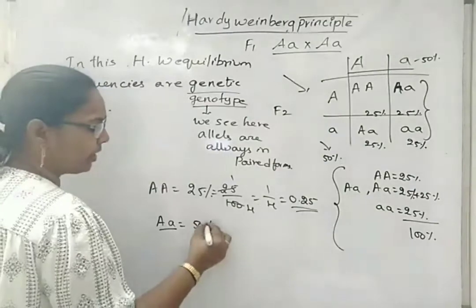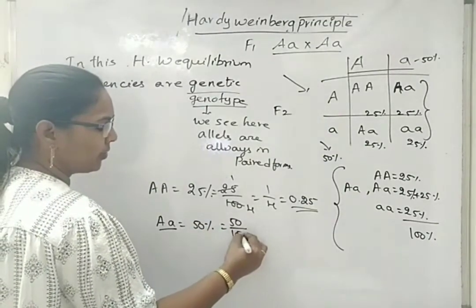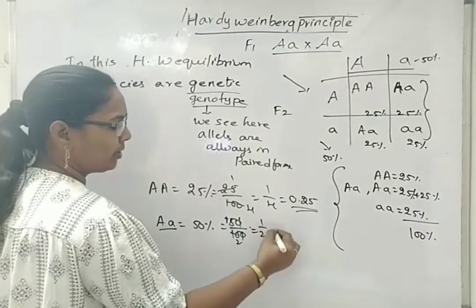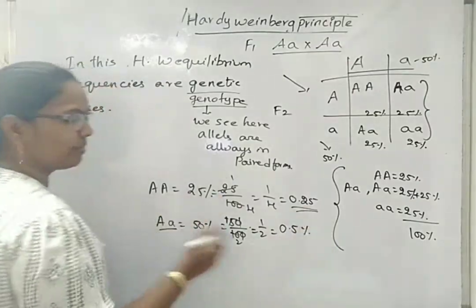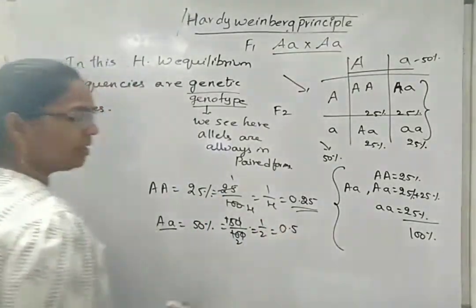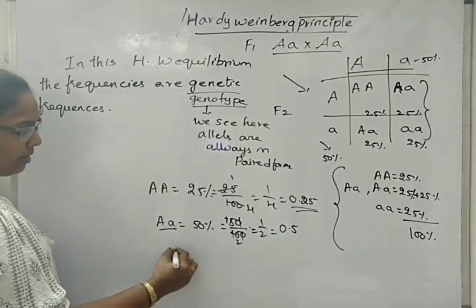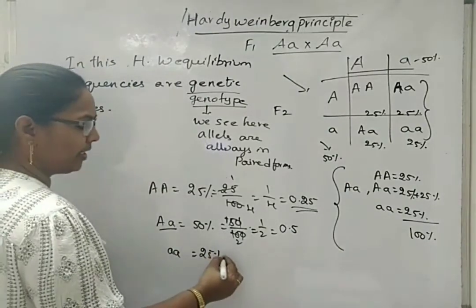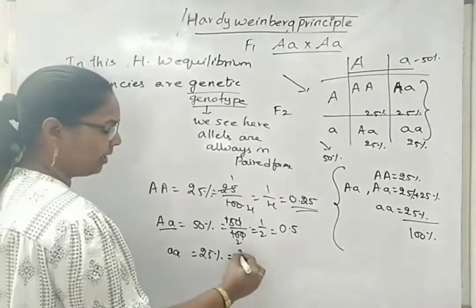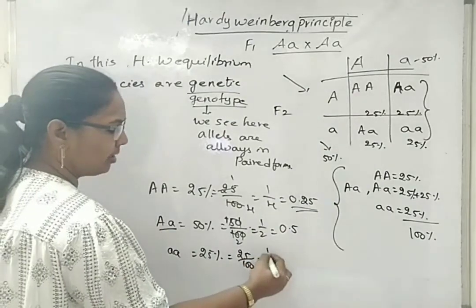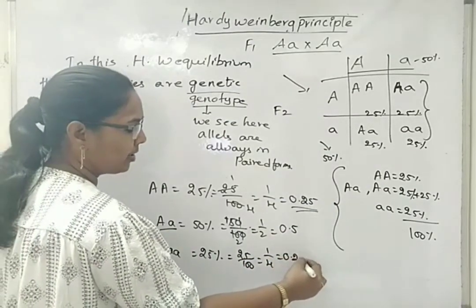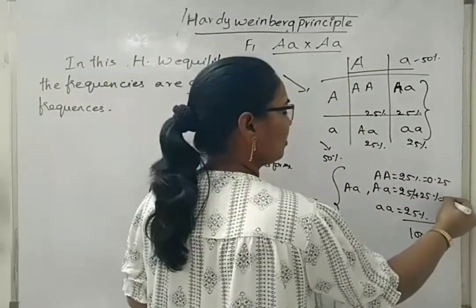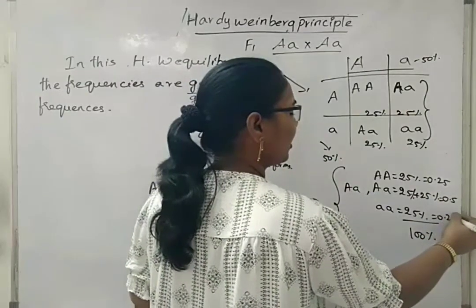Here we have 50%. Represented in frequency form, 50 by 100 is 1 by 2, that is 0.5. Coming to the homozygous recessive, we have seen it is 25%. In terms of frequency, it is 25 by 100, that is 1 by 4, again 0.25. So this is equal to 0.25, this is equal to 0.5, and this is equal to 0.25.